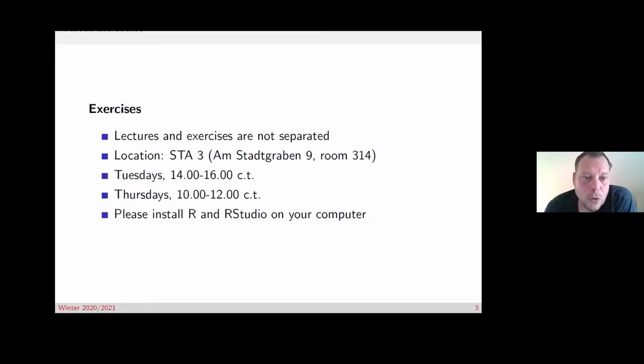Andreas already told you that lectures and exercises are bundled, so we move along a little bit with the lectures and then have exercises. Location Stadtrahmen 3 is obsolete obviously, so for the time being we're in the Zoom meeting room. We're meeting Tuesdays, you are here, so you know that, and Thursdays 10 to 12.